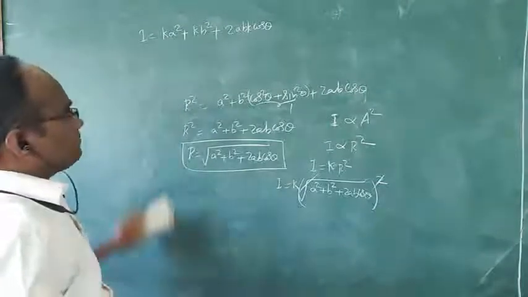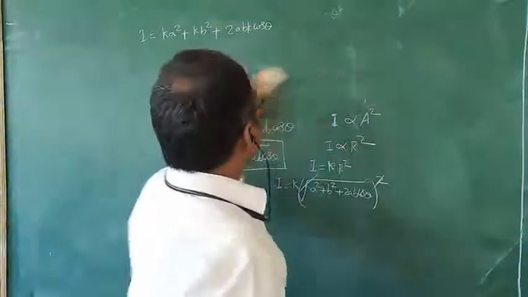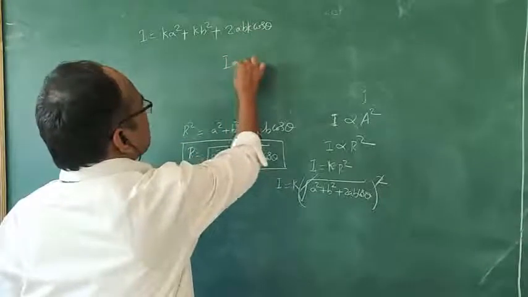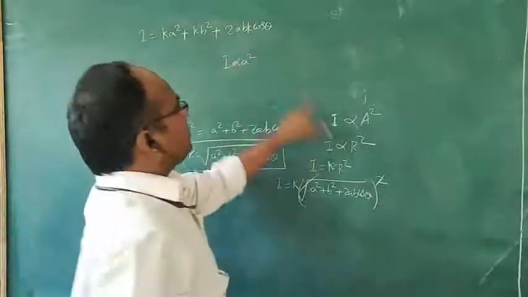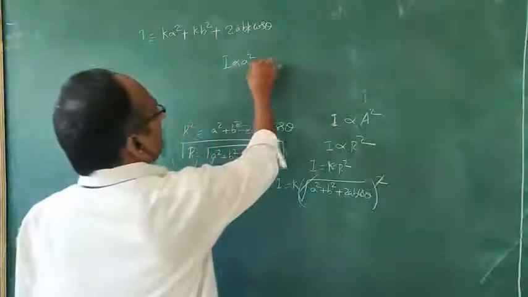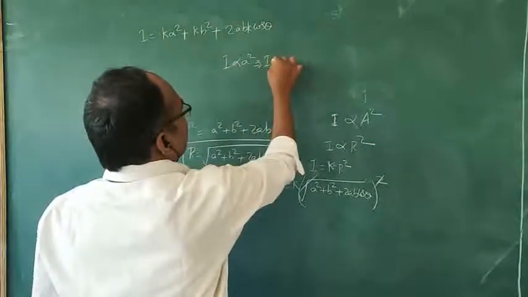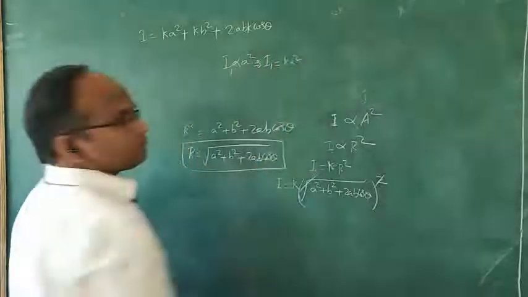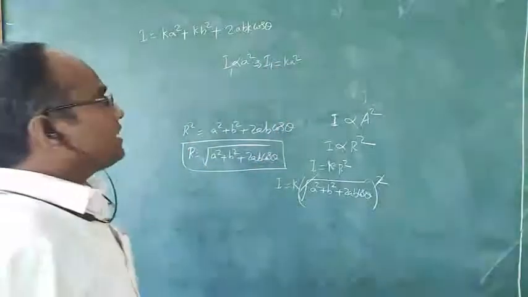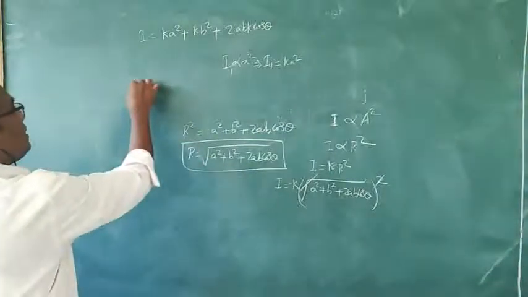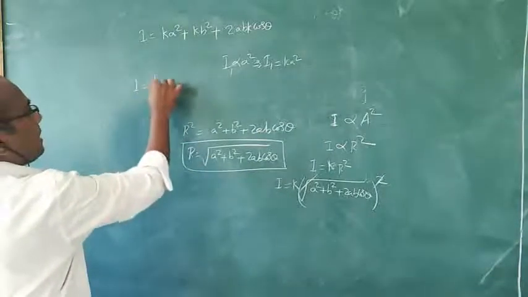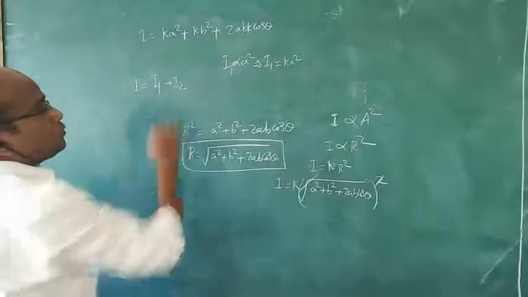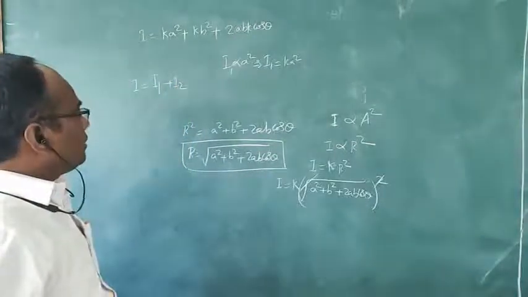Here we are studying that intensity is directly proportional to square of the amplitude. If I write like this, I1 is equal to ka square. So I can write this as I1, and this can be written as I2. Okay.